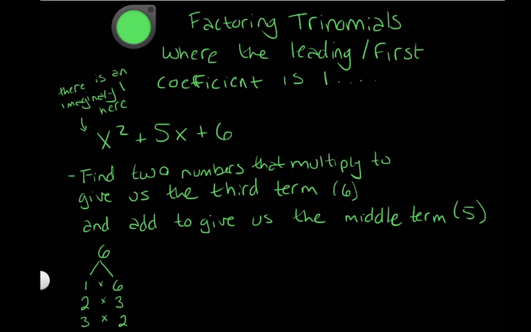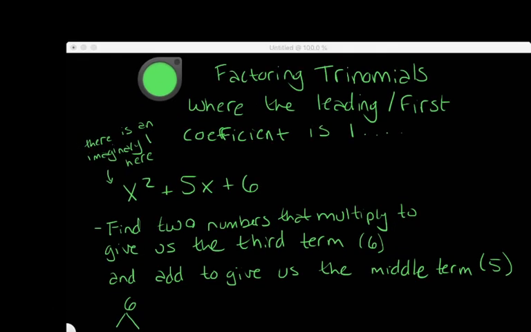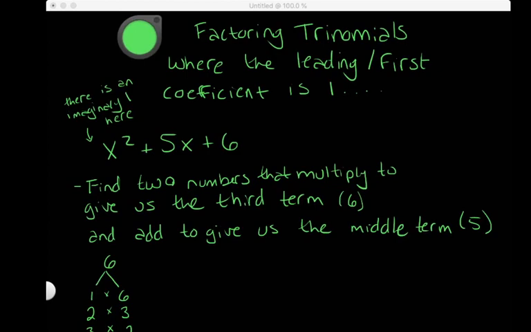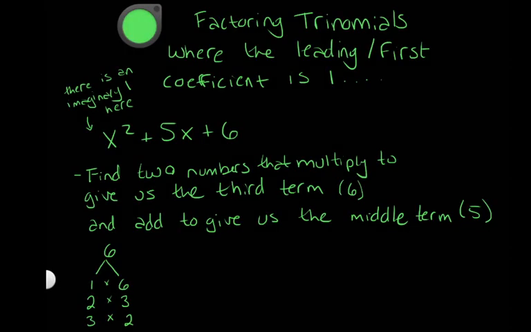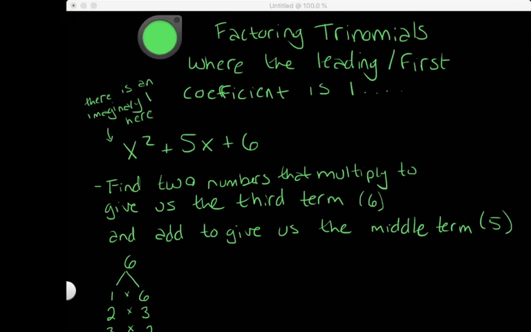Now 1 and 6 don't work, right? Because yes, 1 times 6, if I multiply that, what did I just do over here? Let's fix this. Sorry about that. What I have to think about here is that 1 times 6, even though, oh my goodness, I moved it again.